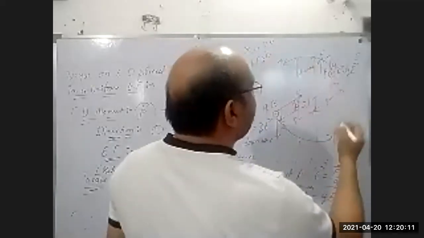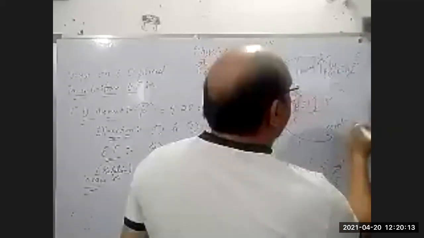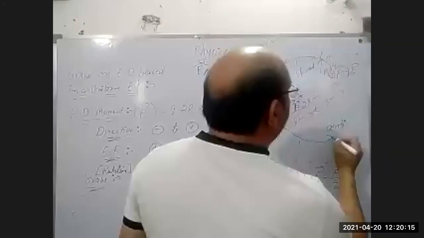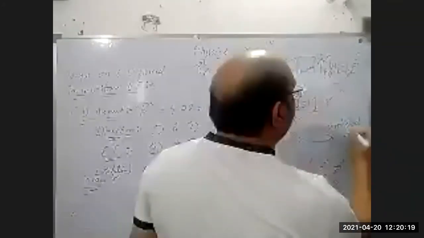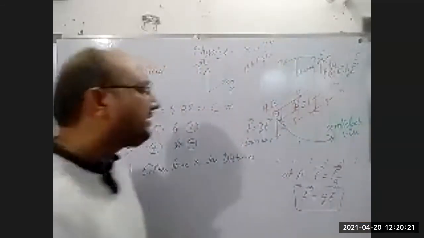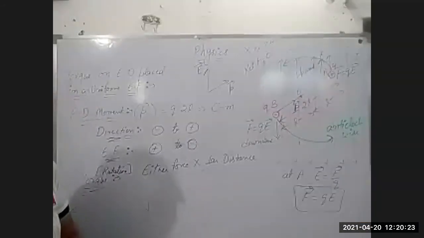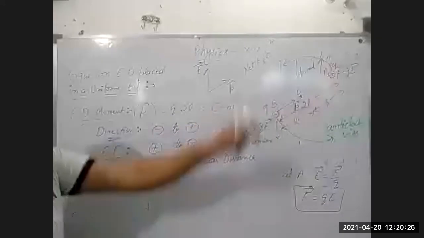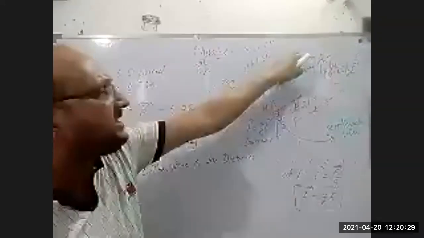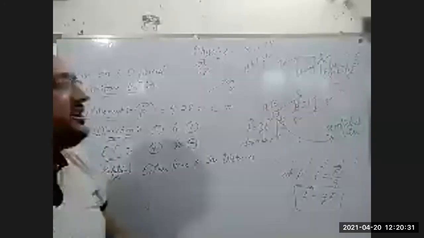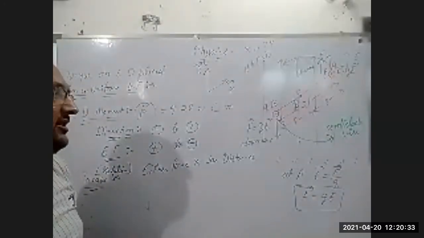You can see here the direction of movement of this dipole is anti-clockwise. Everything is clear in this diagram. This is negative, this is positive, and rotation will be in this direction.